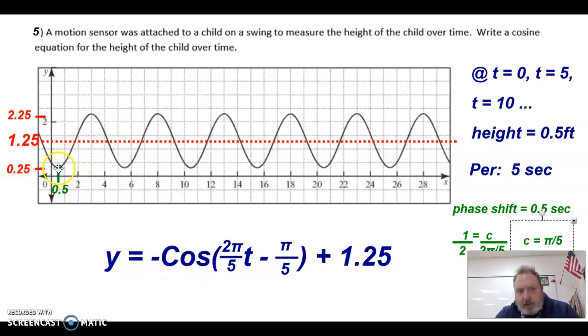And if you look at this carefully, you can see every one of these marks in the bottom is a second. So 1 second, 2 seconds, 3, 4, 5, and so forth. At the very bottom, we're at a half a second right there, and we're at the bottom again at 5.5, 10.5, and so forth.